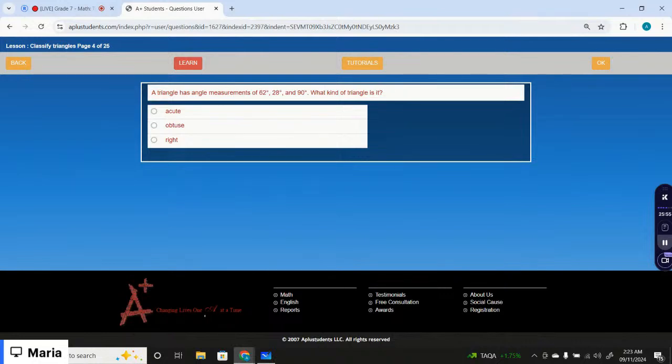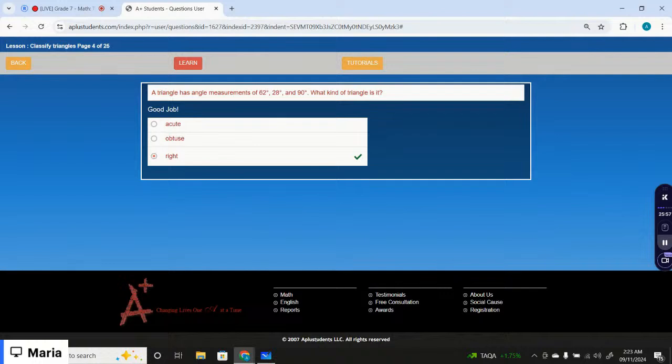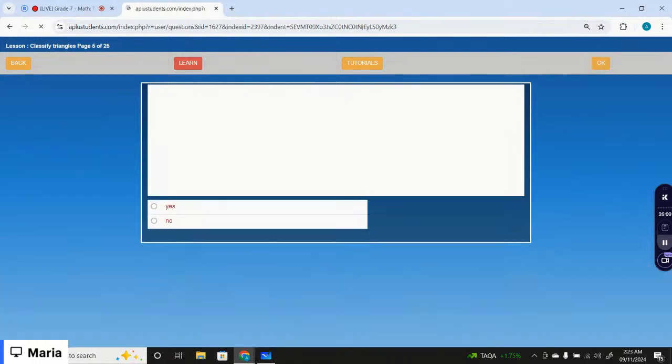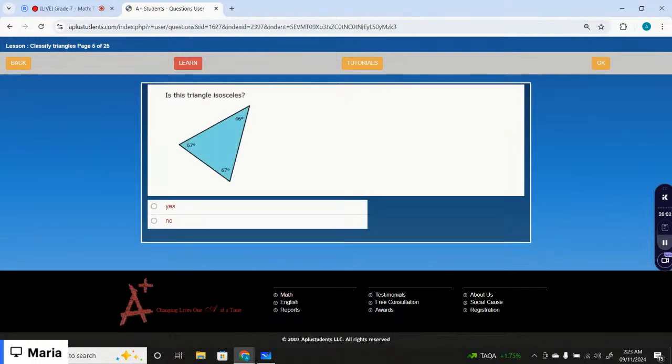One of the angles measures exactly 90 degrees.